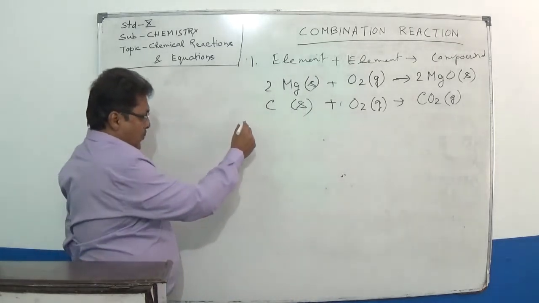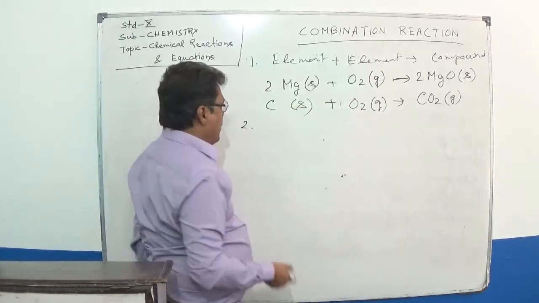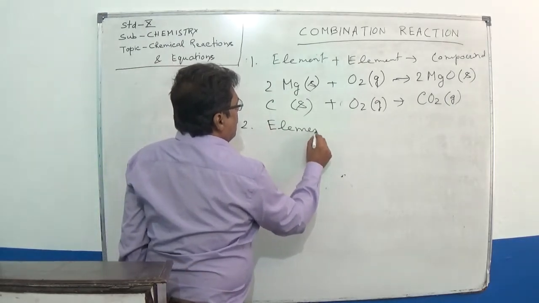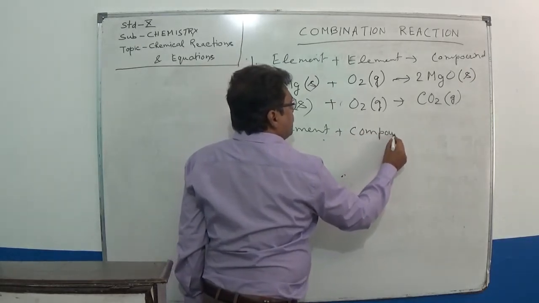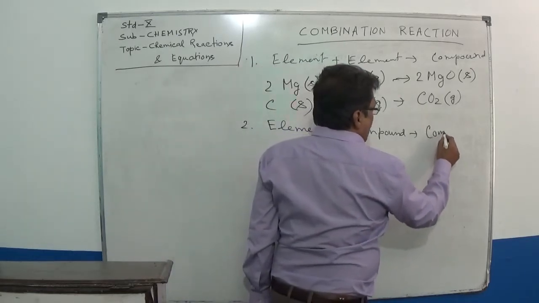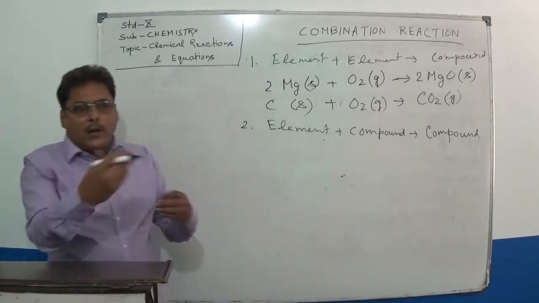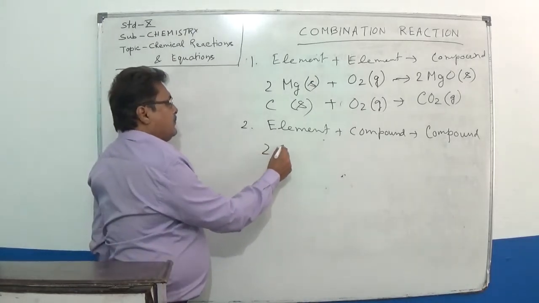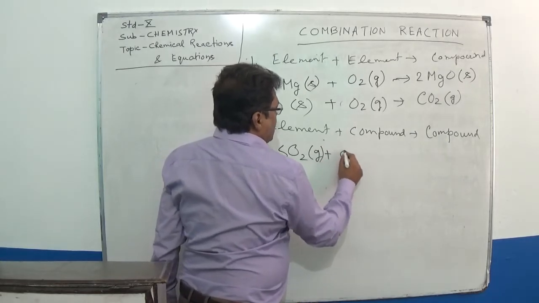Now the second kind of combination reaction, the product is always a single compound. Element plus compound, producing a single compound. For example, let us say we take sulfur dioxide gas and combine it with oxygen gas.